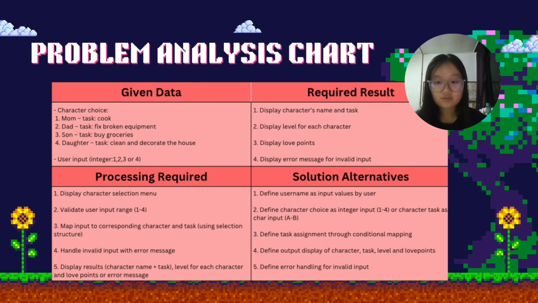Clear formatting for easy readability. Last, define error handling for invalid input. If user enters values outside 1 until 4, system displays invalid input. It can prevent program crash from unexpected inputs.